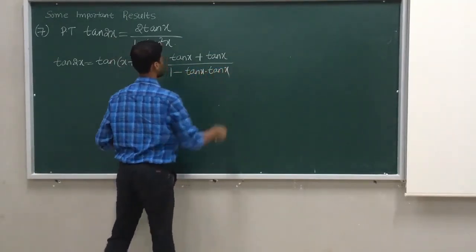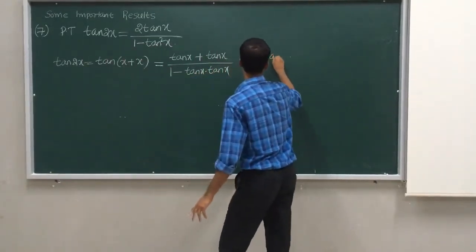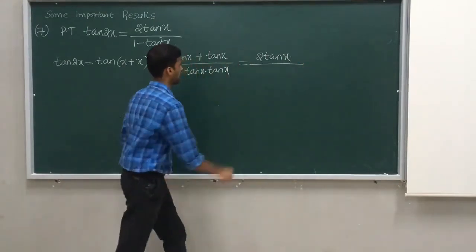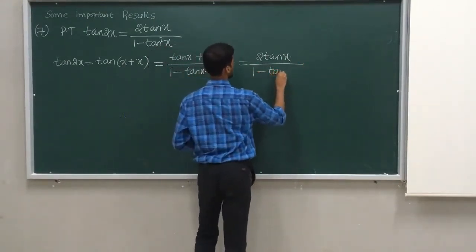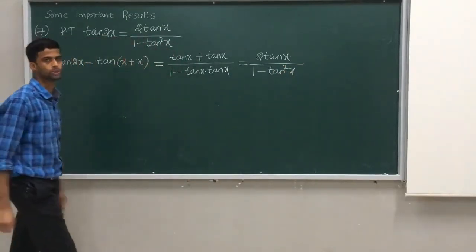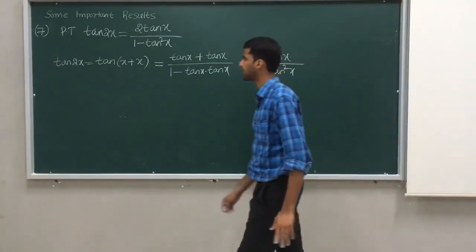In place of y you have x. So the numerator is tan x plus tan x, 2 tan x, divided by 1 minus tan square x. So we proved the tan 2x answer as 2 tan x upon 1 minus tan square x. So that's another result that we discussed.